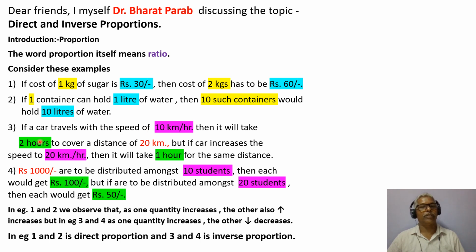Speed increases, time decreases. So one quantity increases, the other decreases. Okay. So this is a very simple fundamental. So example 1 and 2 are direct proportion and 3 and 4 are inverse proportion. We will see this in detail in the further part.